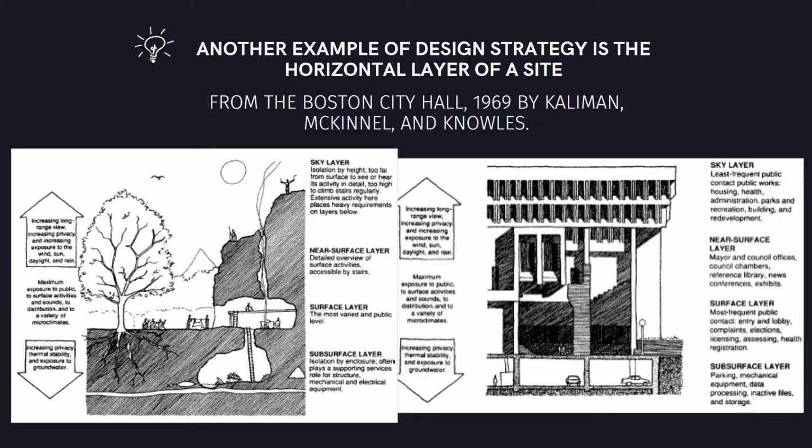Next, another example of a design strategy is the horizontal layer of a site. This example is taken from the Boston City Hall, in 1969 by Kallmann, McKinnell, and Knowles. The horizontal layer of a site is divided into the sky layer, near surface layer, surface layer, and subsurface layer.